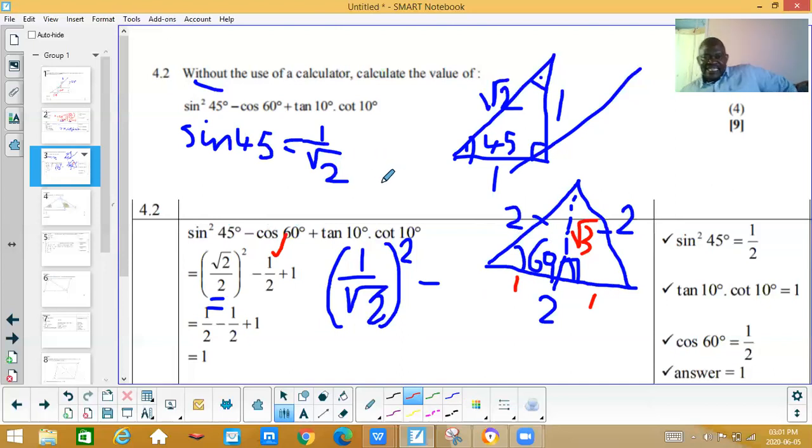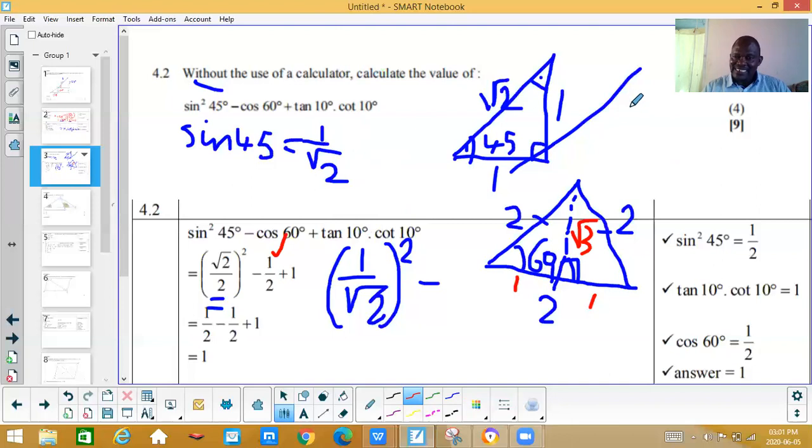Now let us look at tan 10 degrees and cotangent 10 degrees. Unfortunately here they use, let us say, tan 10.